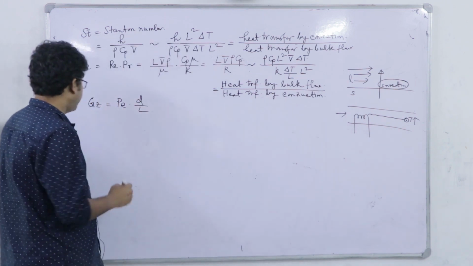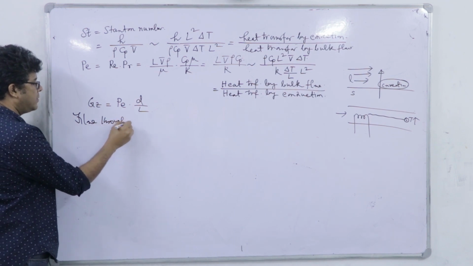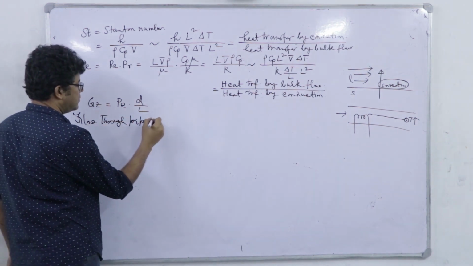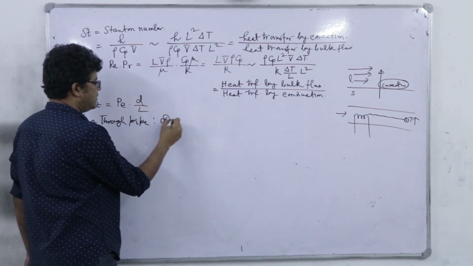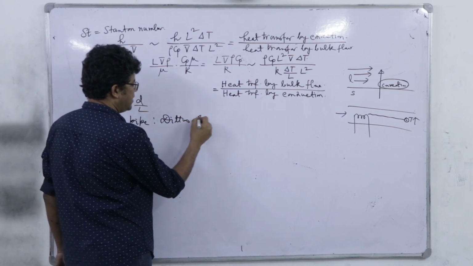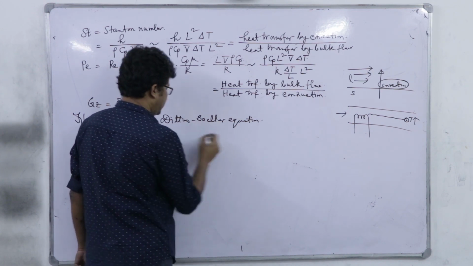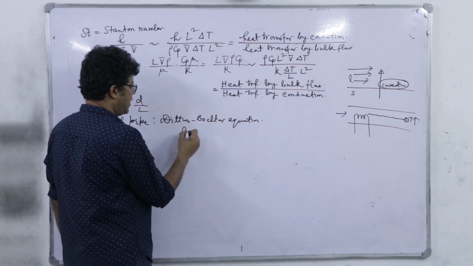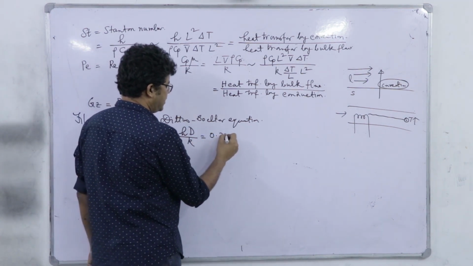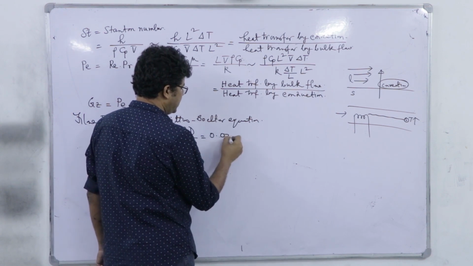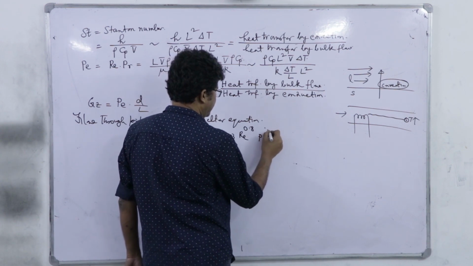So that equation, for flow through a pipe, the original equation was the Dittus-Boelter equation, and it states that h, the average heat transfer coefficient, into D divided by k, equals 0.023 into Reynolds number to the power 0.8 into Prandtl number to the power n.